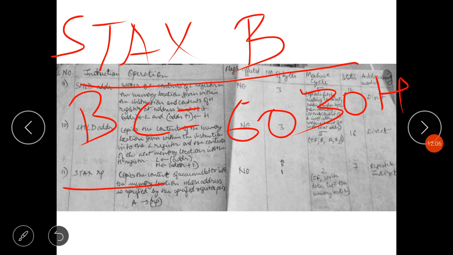It is either the content of the accumulator or the content of the memory location represented by this register pair. The operand's address is indirectly specified by the register pair, so this instruction will have register indirect addressing mode.